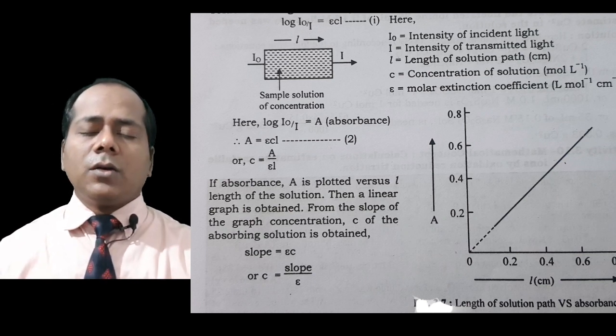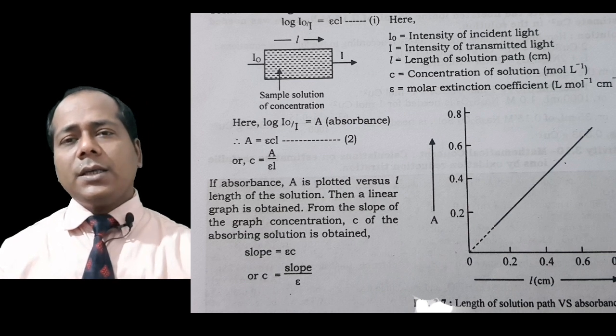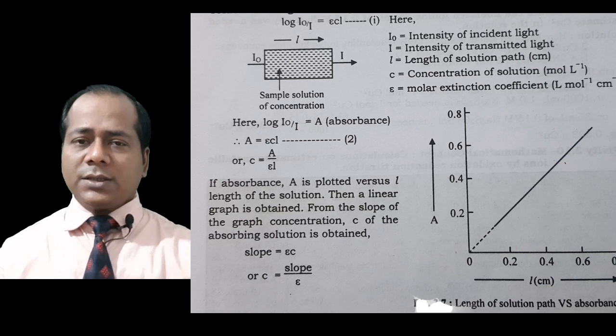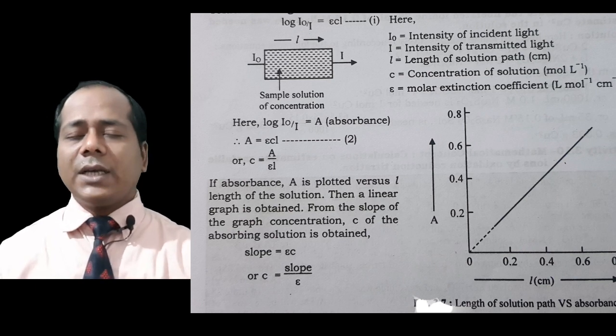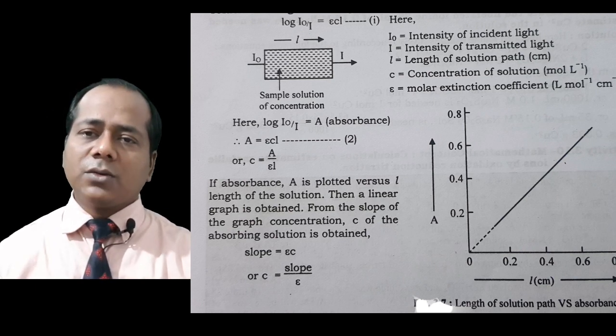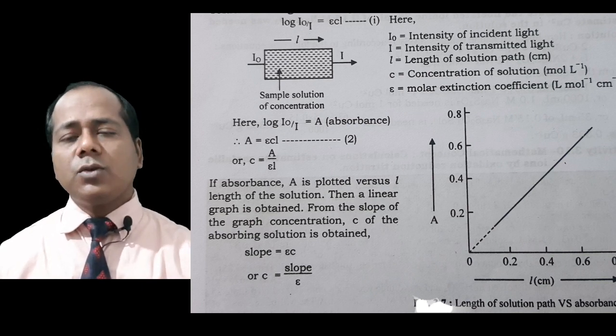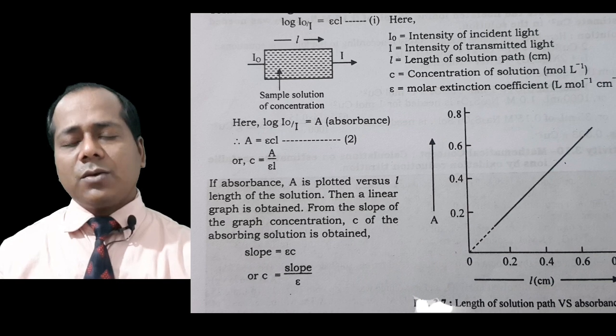Here log I naught by I equal to A, this is absorbance. So we can write A equal to epsilon CL, that means concentration C equal to A by epsilon L.